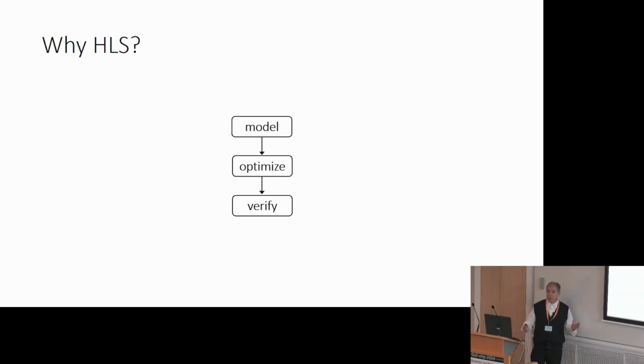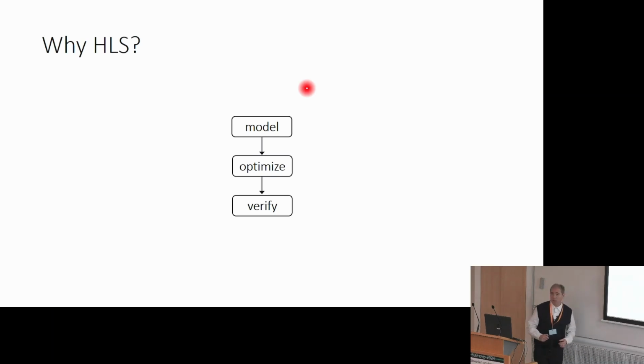So why should we use it? What's the benefit? If we look at the process of designing hardware, what we do is we create a model of the hardware and we optimize it. Without optimization of the hardware model, there's no reason why we should not go into software, because it's much easier, okay?